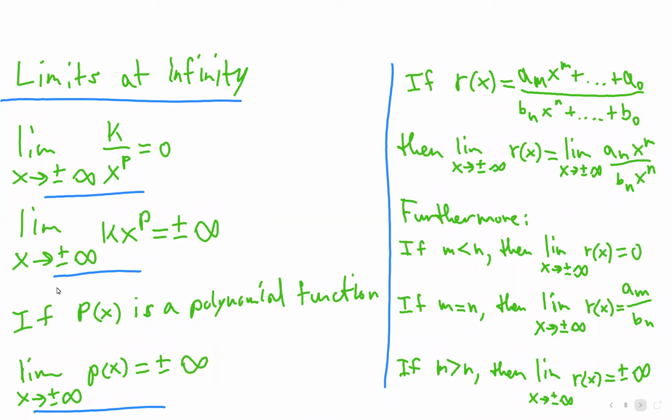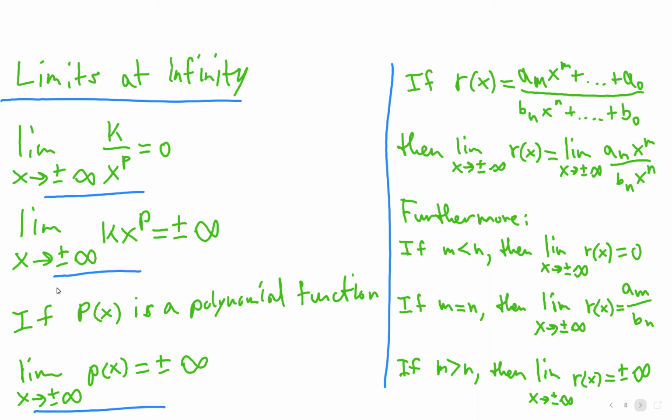All right, and if we wanted to do polynomial functions, they have a very similar property where if you're doing the limit as x goes to positive or negative infinity for a polynomial function, that will also approach either positive or negative infinity, depending on what the polynomial function is.